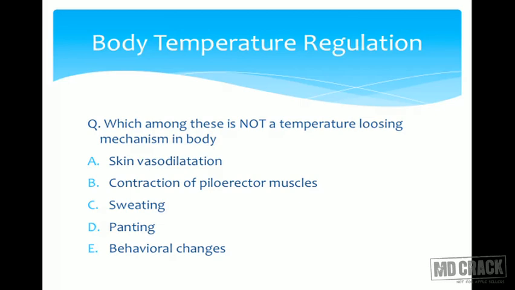So ultimately the heat loss will be stopped. So what is a heat conserving mechanism? Contraction of the piloerector. The residual phenomenon is seen in human beings, but since we have less hair and not lengthy hairs all over the body, it is not useful. But remember, contraction of the piloerector muscle is not a temperature losing mechanism.